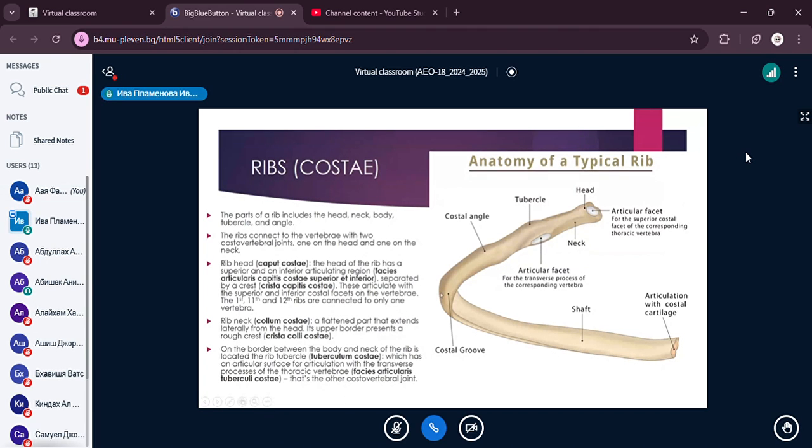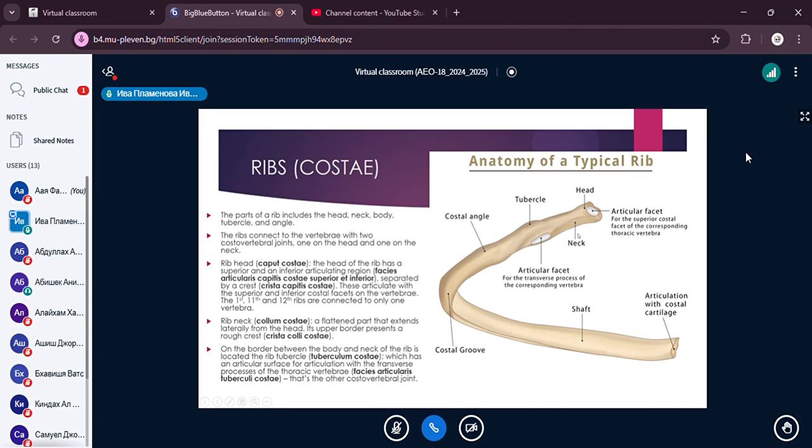You can see here these superior and inferior facets for the vertebrae articulate with the superior and inferior costal facets on the vertebrae. The first, 11th and 12th ribs are connected to only one vertebra, while the others are connected with 2 adjacent vertebrae.